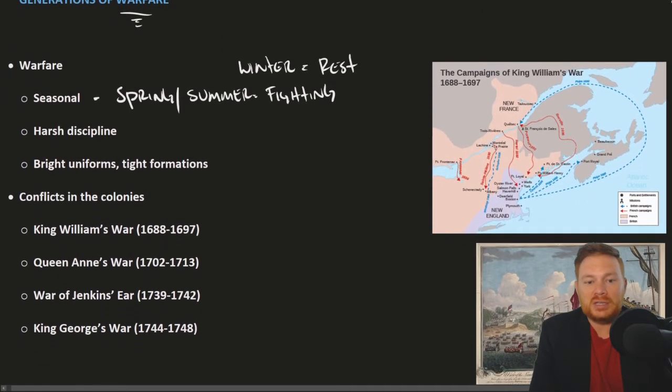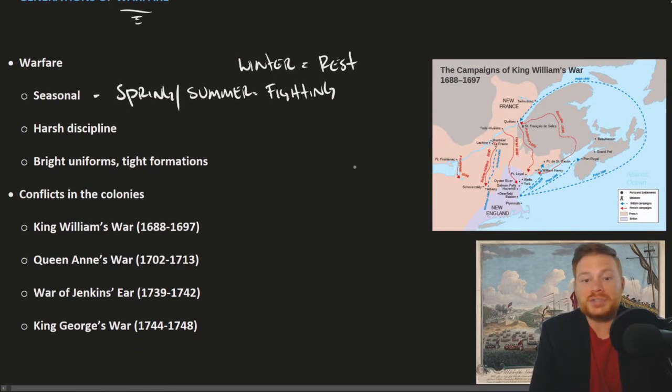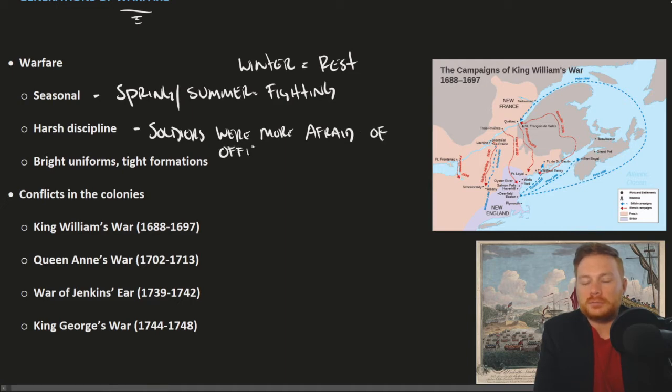The discipline in the colonial armies or in European armies at this time was very, very harsh. Officers killed soldiers for not obeying orders. Your textbook mentions that sometimes we might say soldiers were more afraid of officers than the enemy.